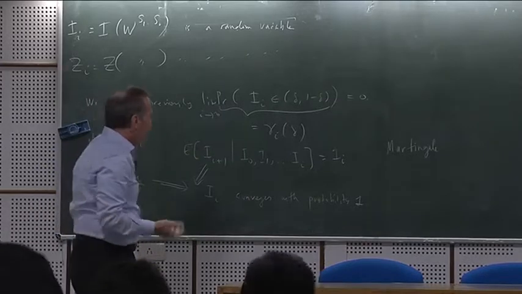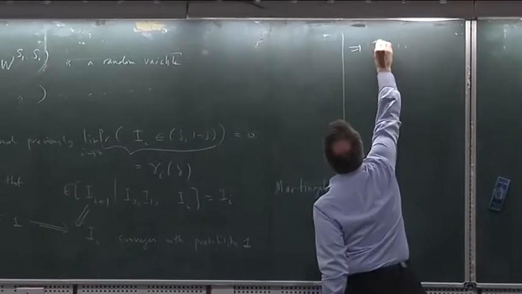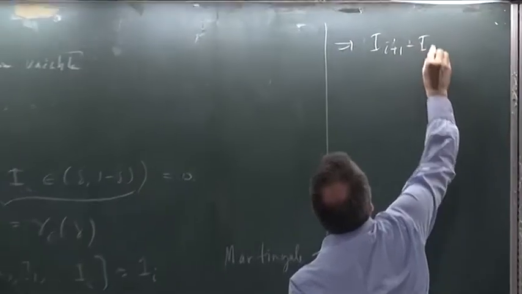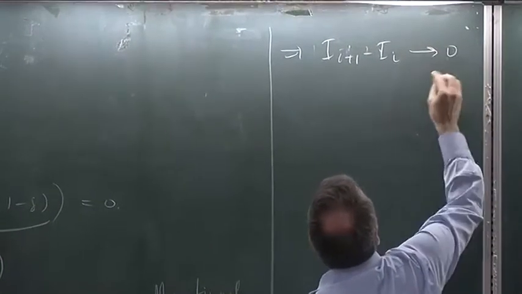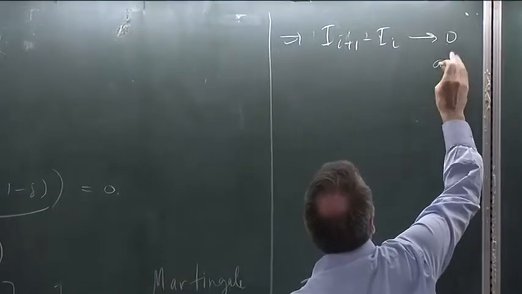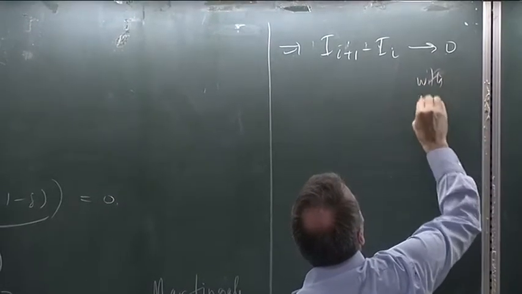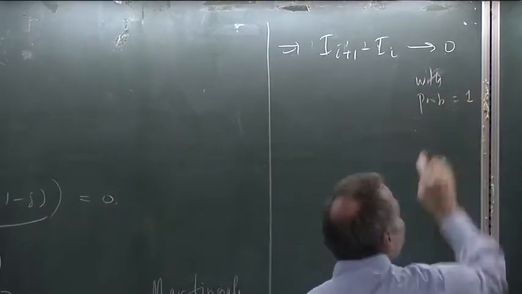Consequently, the difference I plus 1 minus I goes to 0 almost surely, with probability equal to 1.